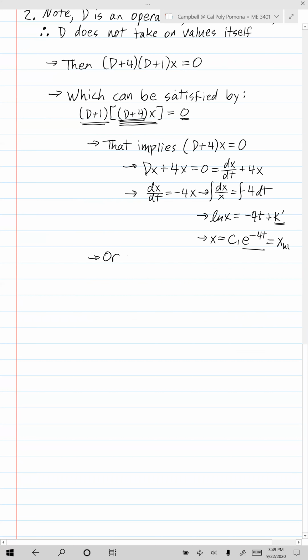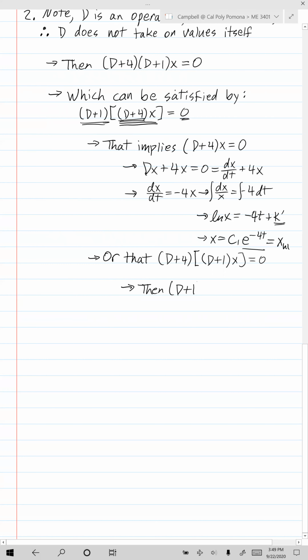Now we can, of course, put the shoe on the other foot and say, okay, well, we had this D plus 4 and we operated on it first. Well, now let's let D plus 1 operate on x. But again, this whole thing has to be 0. And so, of course, this implies the very same thing that we were discussing before.